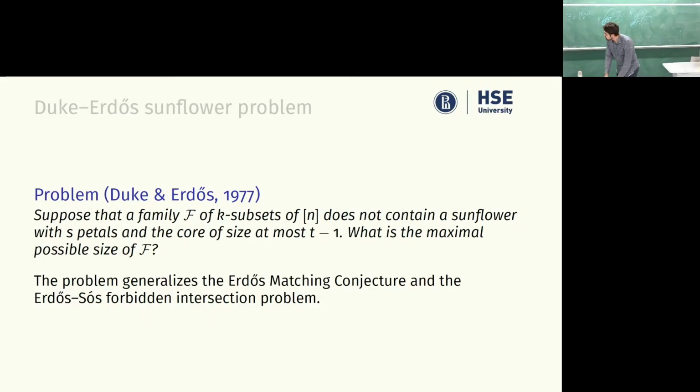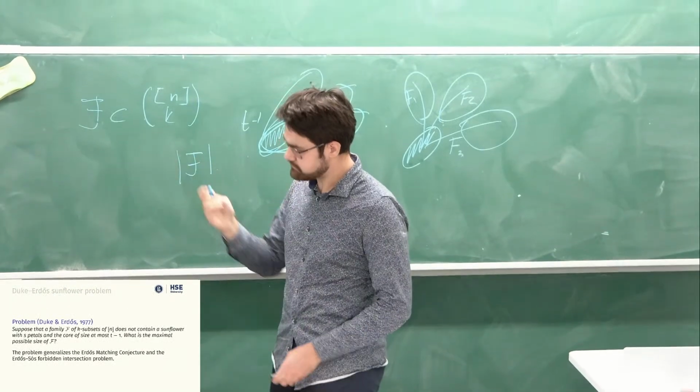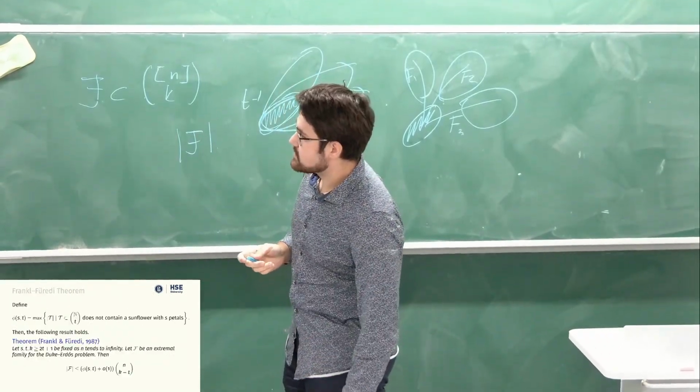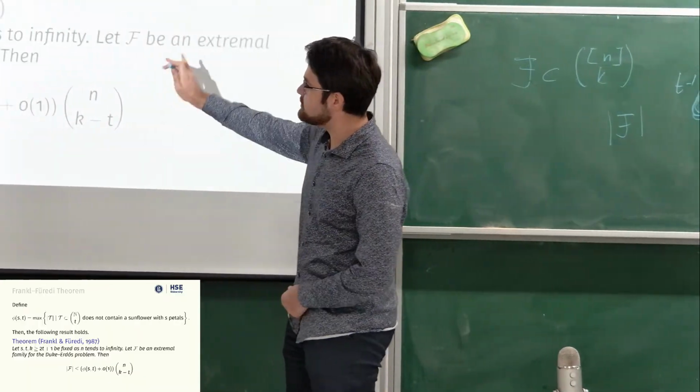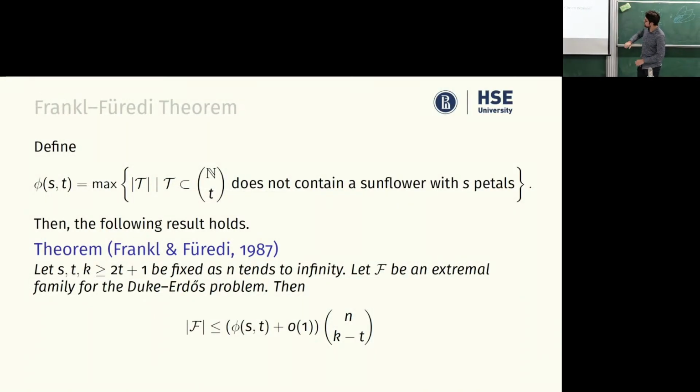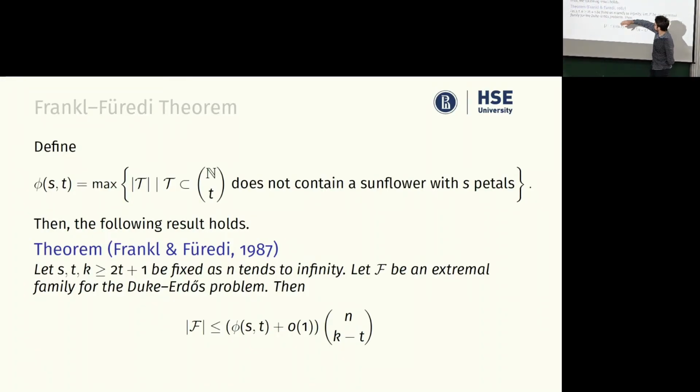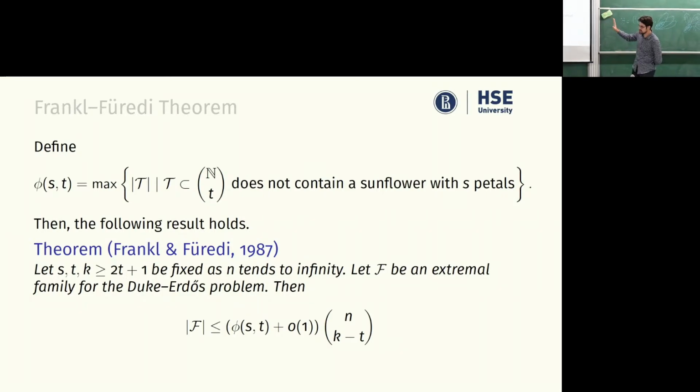What is the maximal size of the family F? To answer this question, at least partially, we can define the following function. Phi of S and t is the maximum size of a t-uniform family that doesn't contain a sunflower with S petals, without any restriction on the core of these sunflowers.